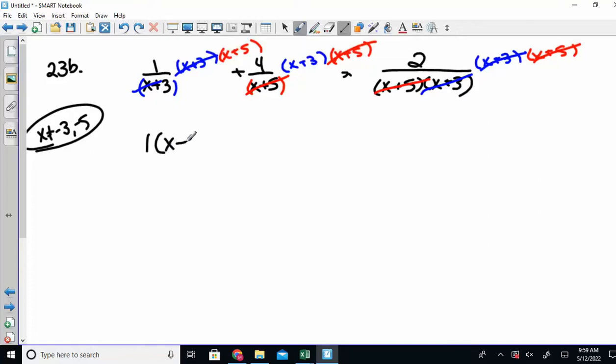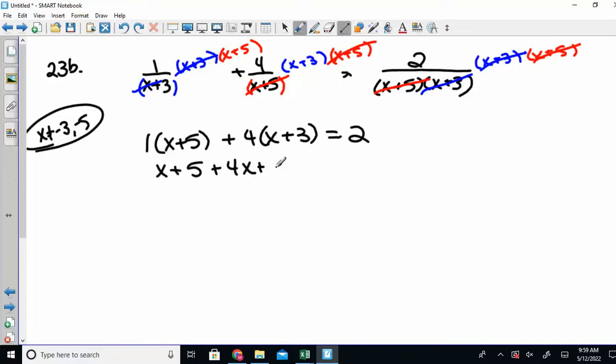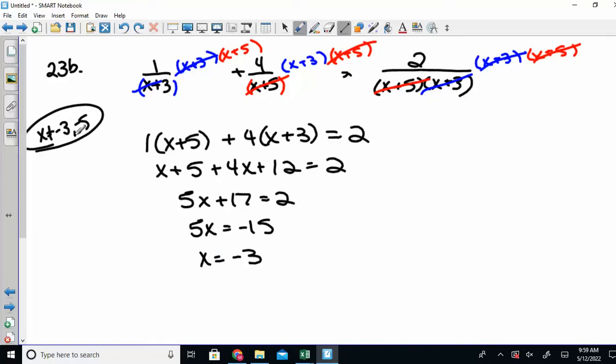So we're left with 1 times x plus 5 plus 4 times x plus 3 equals 2. We get 5x plus 17 equals 2. Subtract over the 17. Divide by 5. Instead you get -3. But we already said x can't be -3. So our final answer is no solution.